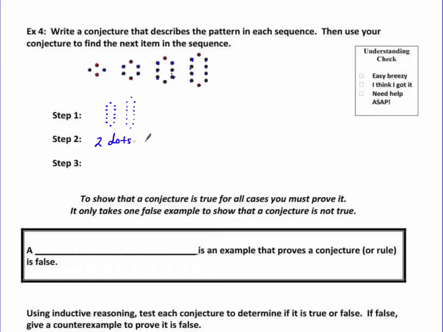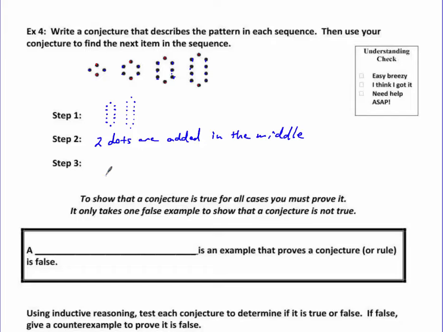So 2 dots are added in the middle. So that's what I observed.